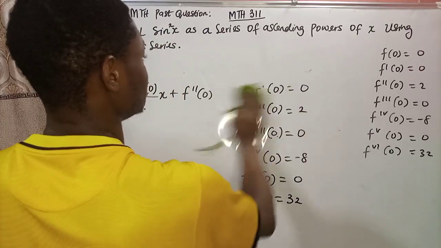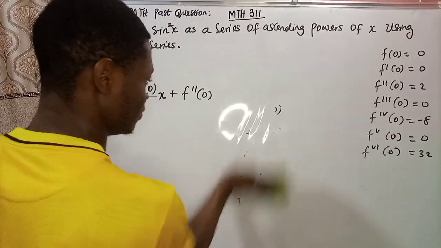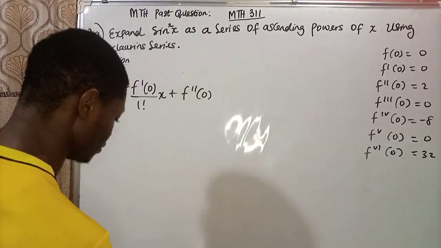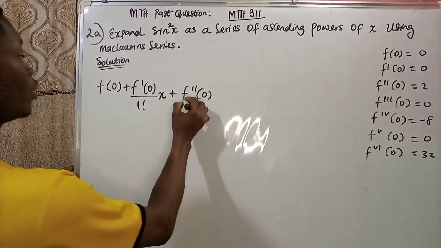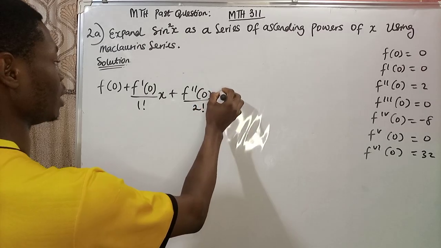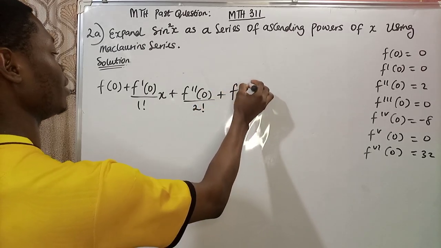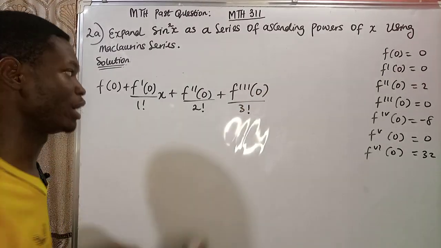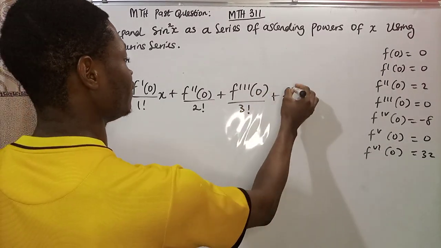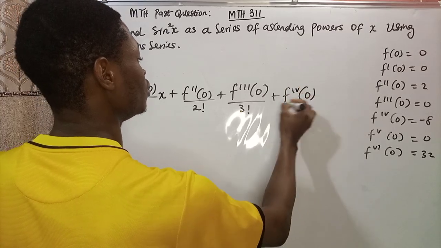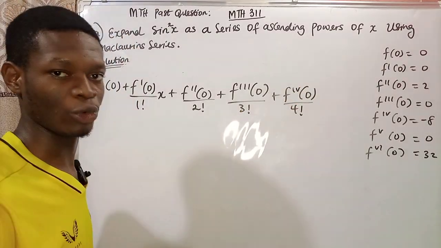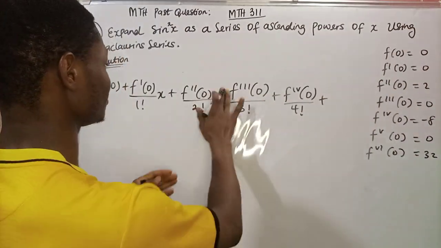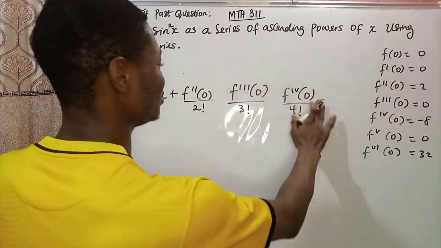So let me clean this side so that you can have enough space. So we have all over 2 factorial plus f fourth derivative of 0 all over 3 factorial, plus f iv of 0 all over 4 factorial. So tell me the next one now. Okay, I'm even forgetting to put my x.